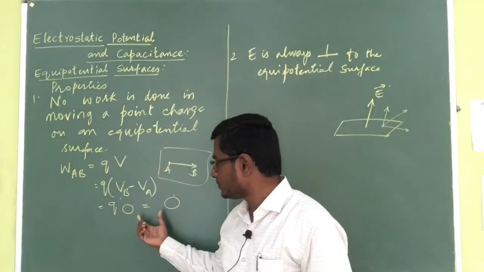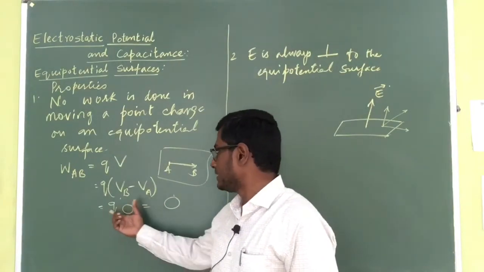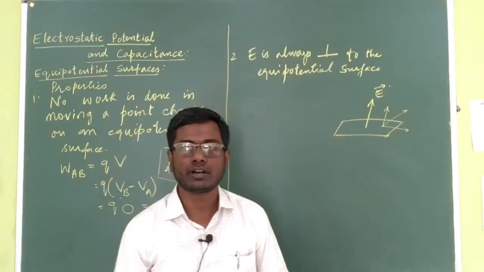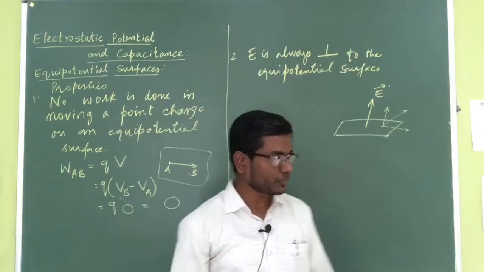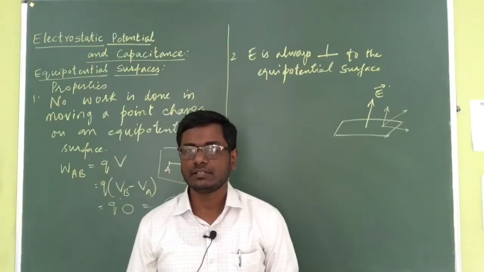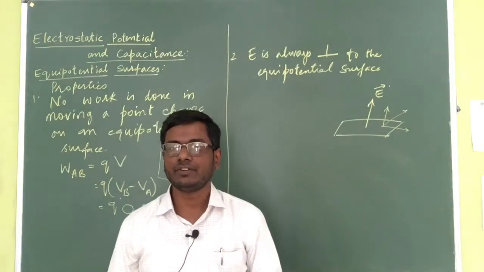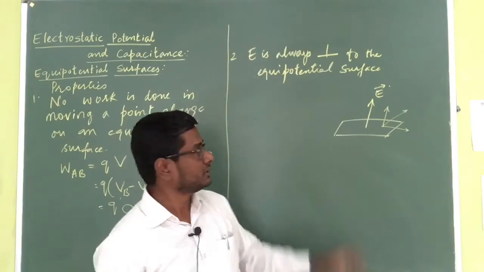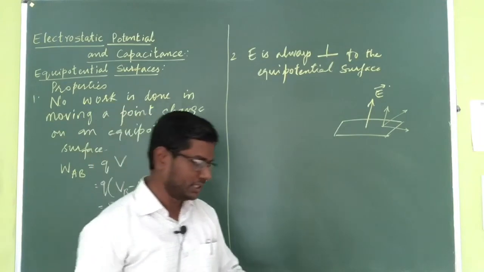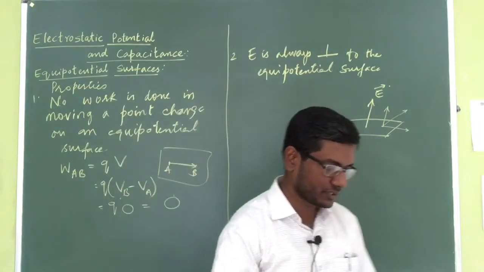What you have said in the first property is that to move a charge on the equipotential surface, the work should be 0. So if there is a component along the surface, work needs to be done, which is not true. Hence the electric field is always normal to the equipotential surface. So that was the second property.